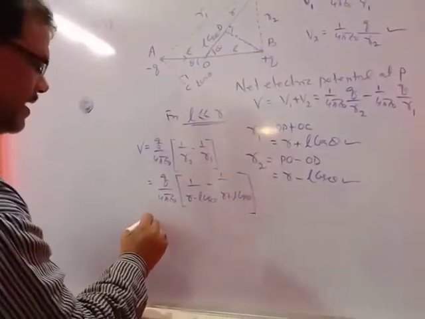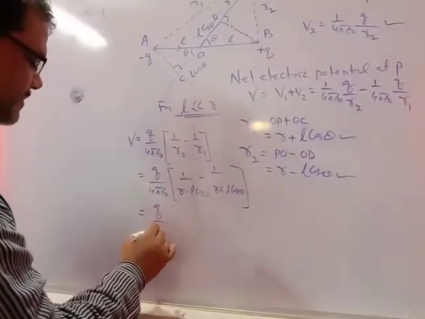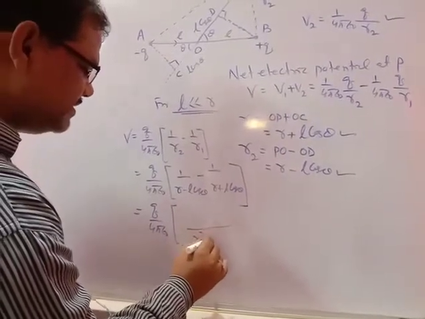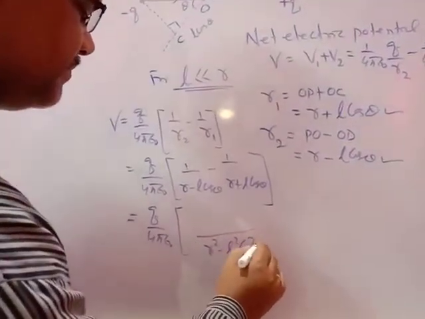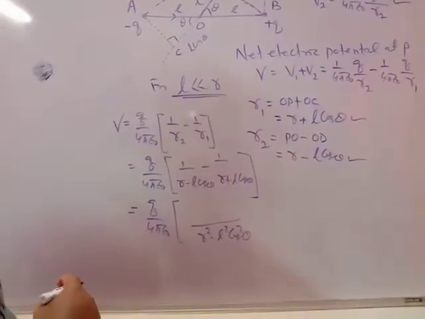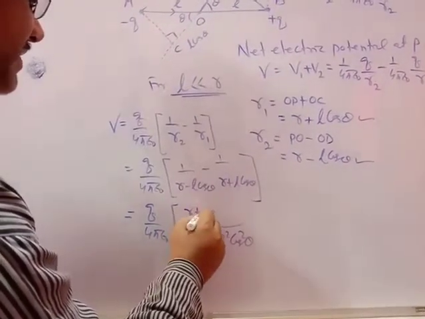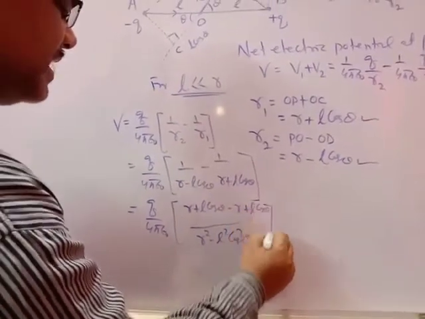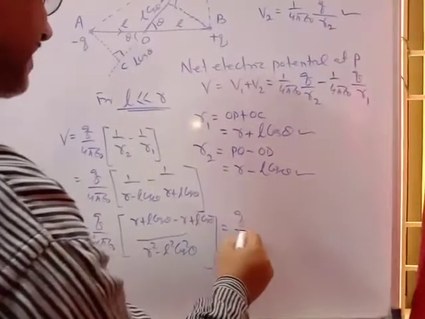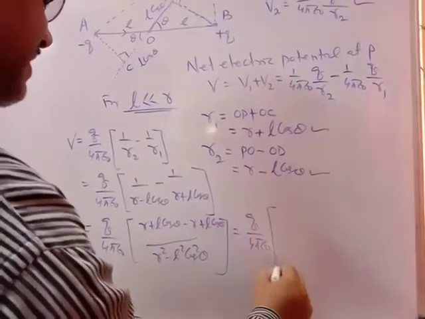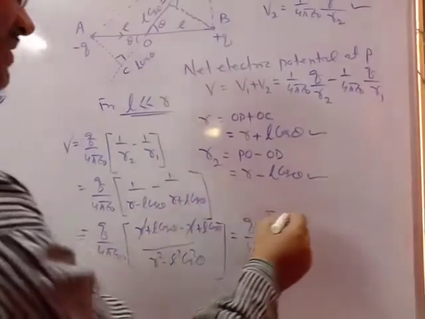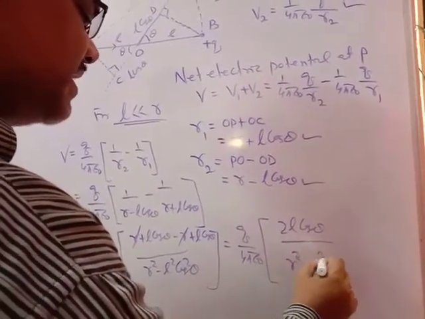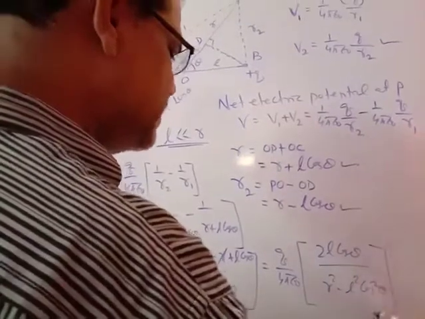If you take the LCM, that is Q upon 4 pi epsilon naught is out, and the LCM part equals R square minus L square cos square theta, and at the upper you are finding R plus L cos theta minus R plus L cos theta, and this term you are getting as Q upon 4 pi epsilon naught, and the remaining is, this R is cancelled, that is the 2L cos theta upon R square minus L square cos square theta. I think you are clear.